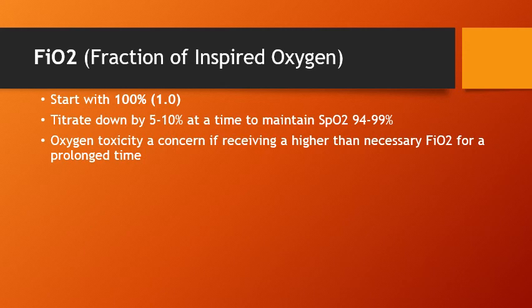There is such a thing as oxygen toxicity, and that becomes a concern if you're receiving a higher than necessary FiO2 for a prolonged time. Short periods of higher FiO2s than necessary are not going to hurt the patient, but for longer periods of time it absolutely will cause oxygen toxicity, and that can cause several issues in the patient. So even though we're starting with 100%, we do want to get that titrated down just to maintain our SpO2 of 94 to 99%.